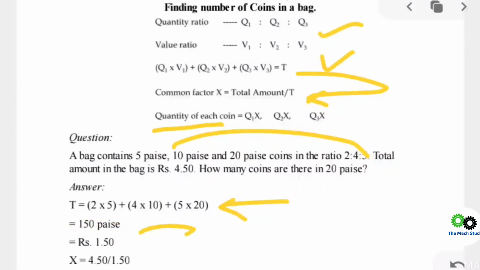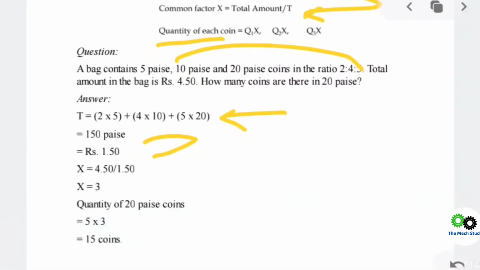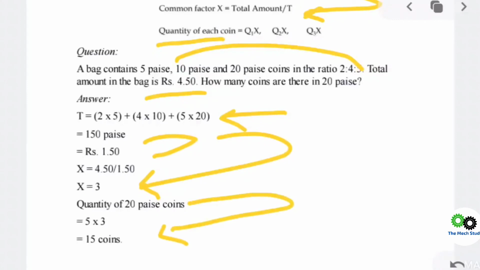If you convert these paise into rupees, you get the total in rupees. In the question they mentioned that the amount in the bag was 4.5, and if you divide 4.5 by the amount you calculated, you will get x equal to 3. The quantity of 20 paise coins in the bag is 5 parts, because this is mentioned in the question itself.